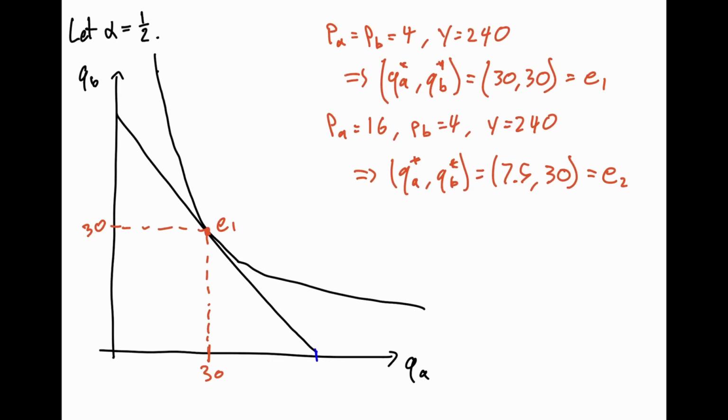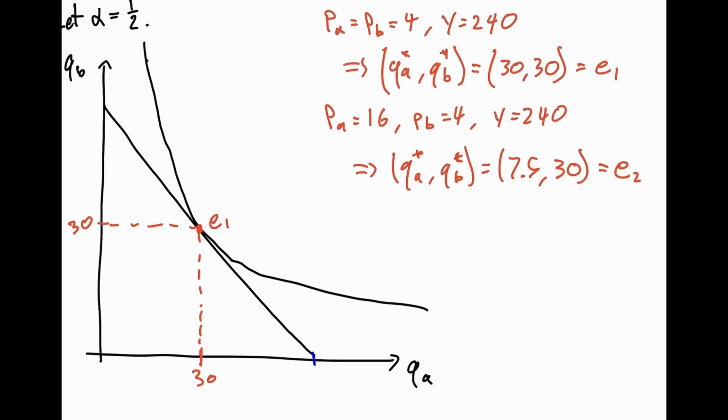So we started here and we end up moving all the way in somewhere around here. So this clearly puts us on a much lower indifference curve, which we know is going to run through this point.